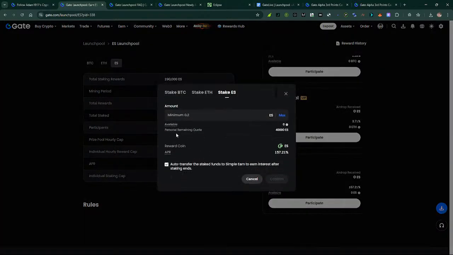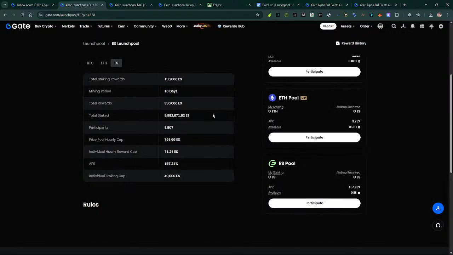So let's see the details here. The minimum staking amount of ES you can stake here is 0.2, and at maximum 40,000 ES tokens. That's fixed. The reward coin is also the ES token. And one amazing thing: you can clearly see that we have all pool types right there.